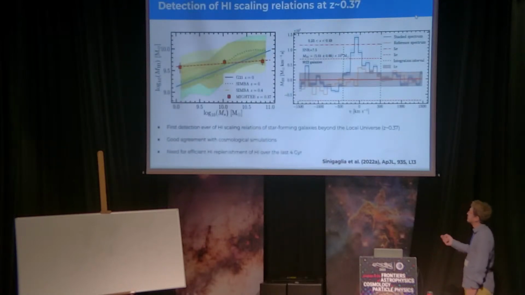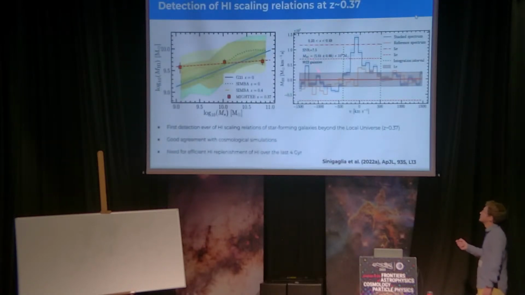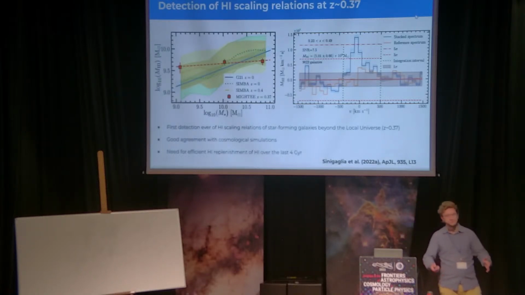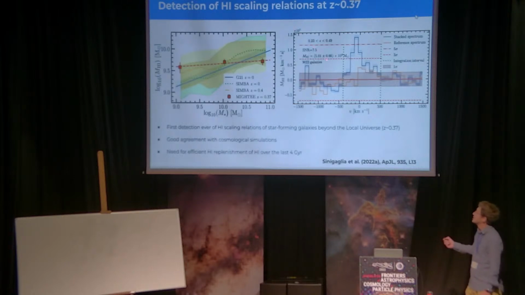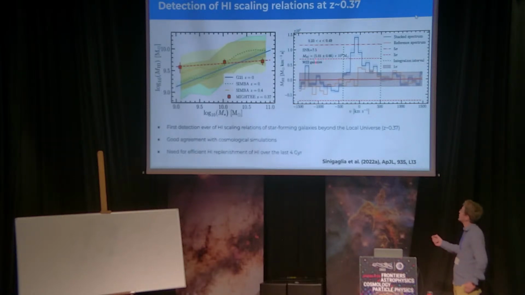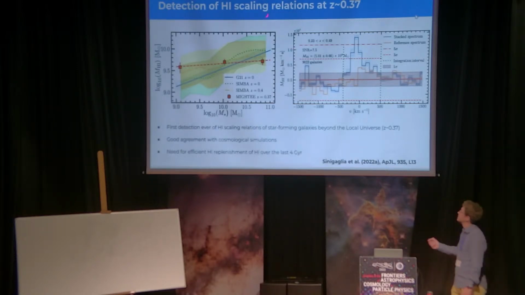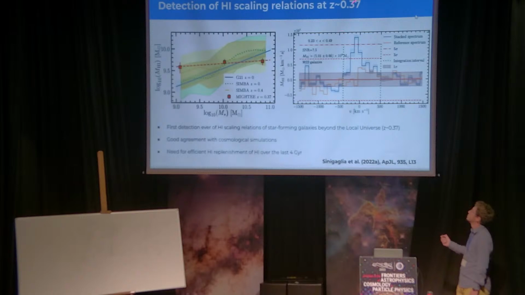Okay, so coming to the results, we considered a sample of 9,023 star-forming galaxies, which roughly speaking are blue, HI-rich spiral galaxies, in a redshift range between 0.23 and 0.49, and we stacked all of them together, getting a median redshift of 0.37.